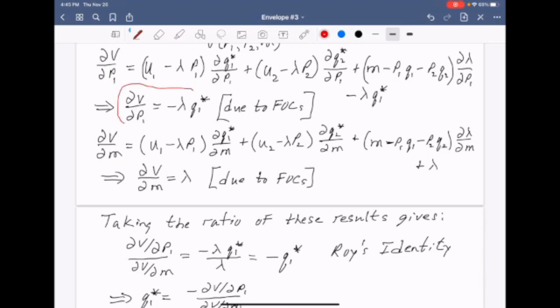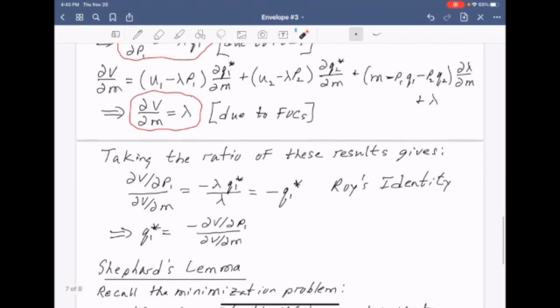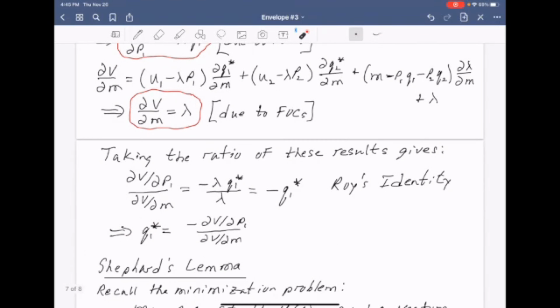So we have this one, and we have that one, we take the ratio of those two, which we do here, and we see that we get minus Q1 star, which is the Marshallian demand. So rearranging that, we get that the Marshallian demand function can be recovered by taking the negative of the partial of the value function with respect to P1 divided by the partial of the value function with respect to M.